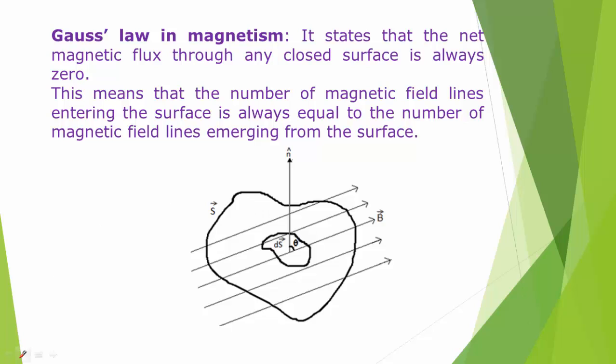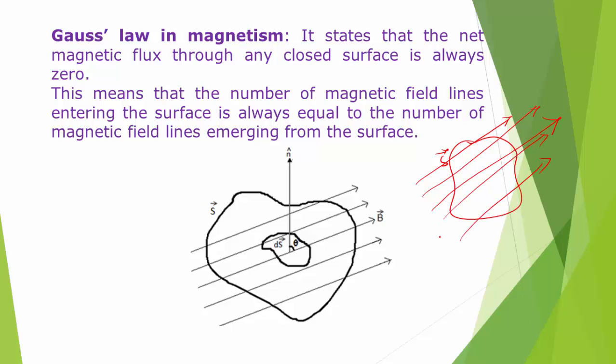The next concept is the Gauss law in magnetism. Using the magnetic flux concept, it states that the net magnetic flux through any closed surface is always 0. Suppose I consider this is the closed surface. Magnetic flux means the total number of magnetic field lines of force passing normally through a unit area surface at that point.